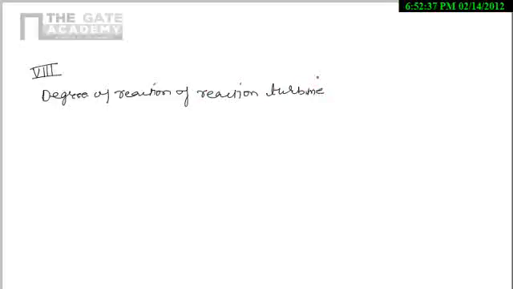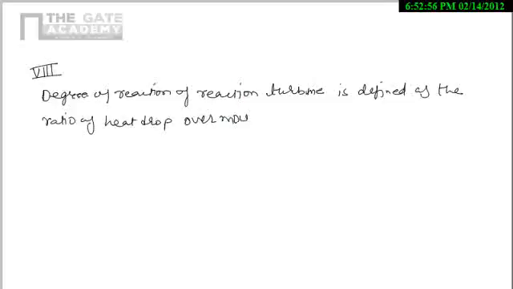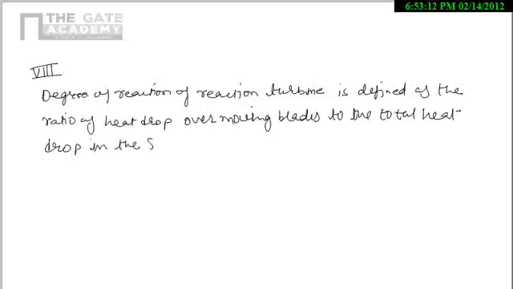The degree of reaction of a turbine is defined as the ratio of heat drop, or enthalpy drop, over moving blades to the total heat drop in the stage.